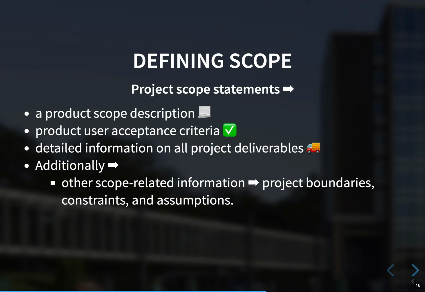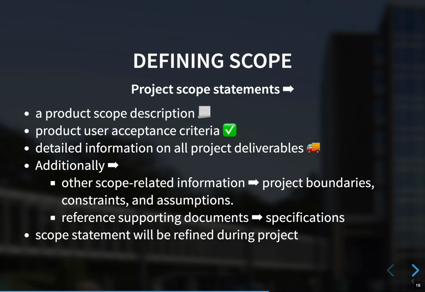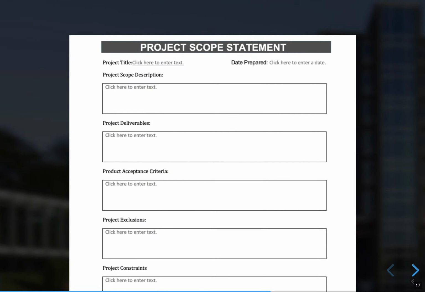As time progresses, the scope of the project should become more clear and specific. Let's have a look at an example project scope statement template from PMI, and you see all the points coming back here: the project scope description, the deliverables, the acceptance criteria, some project exclusions, the constraints, and some assumptions.